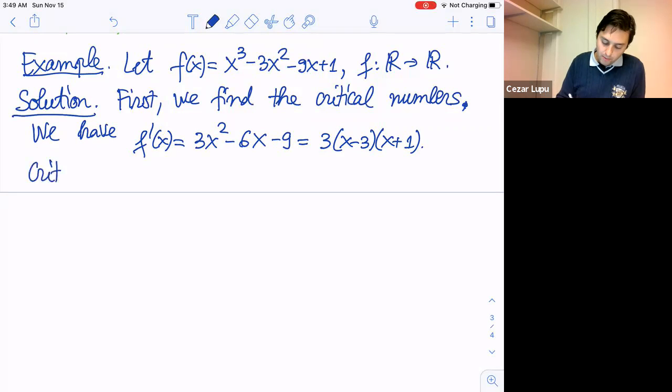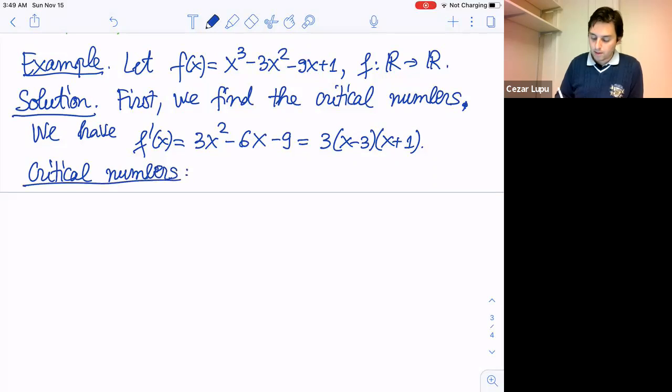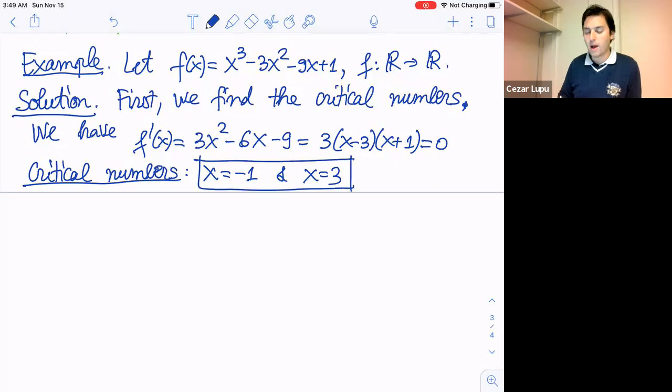The critical numbers are given by setting this equal to 0, and these are x equals -1 and x equals 3. So these are my two critical numbers. Now I have to decide what they are: relative min, relative max, or neither of these?